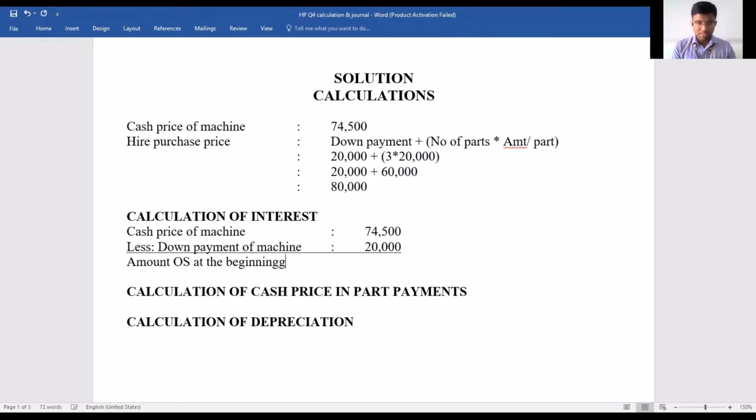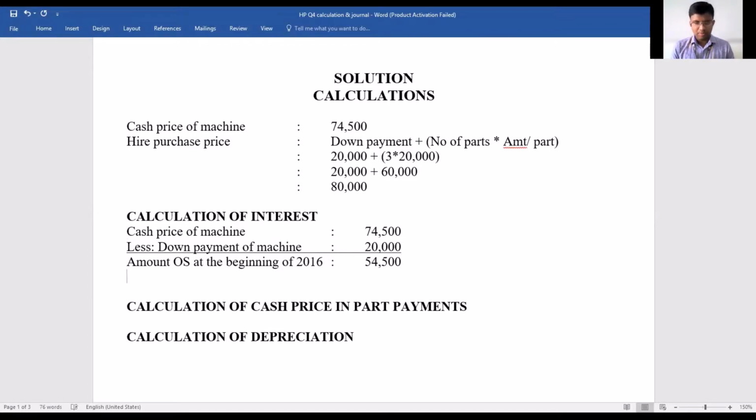This is the amount that is outstanding at the beginning of 2016. So this works out to be 54,500. Now to this, you will have to add the interest for the first year, which is 2016. How do we calculate interest?